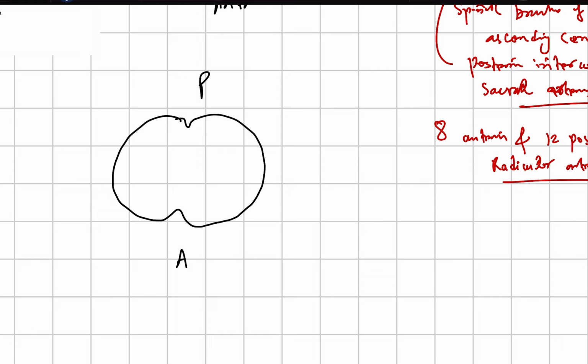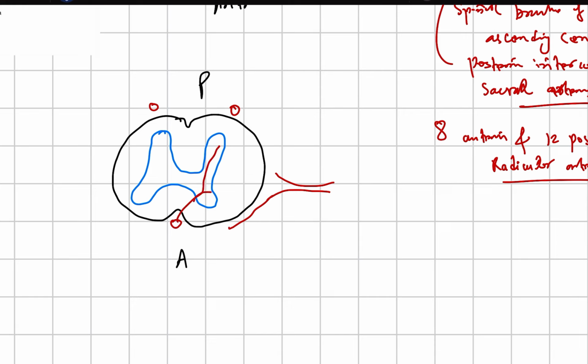Here is the gray matter, with the anterior artery and posterior artery, and from here the segmental arteries go on. The anterior artery goes inside the gray matter, and some go and form anastomosis. From the posterior artery and segmental artery, they form anastomosis and form the radicular artery.